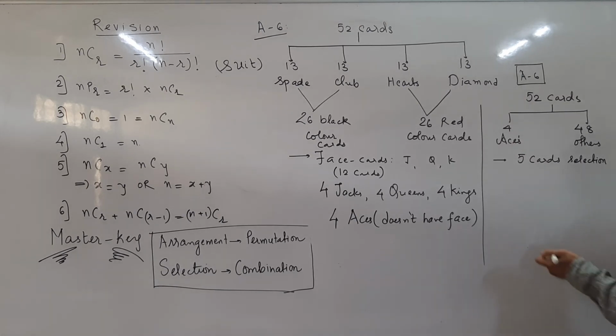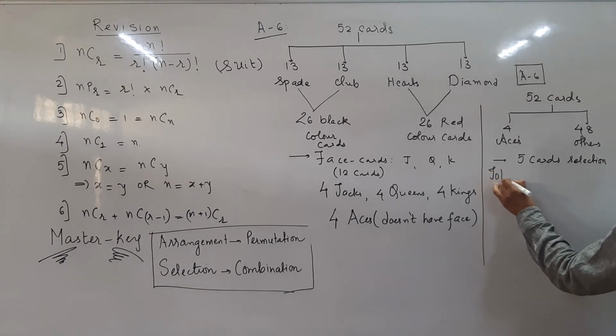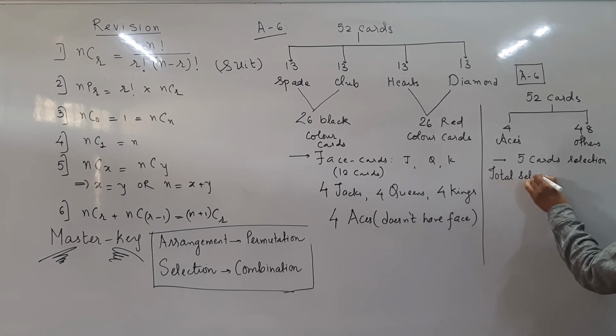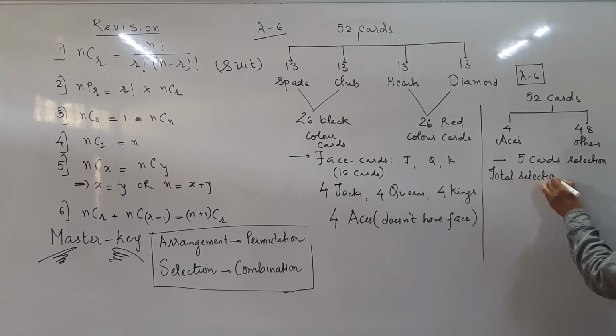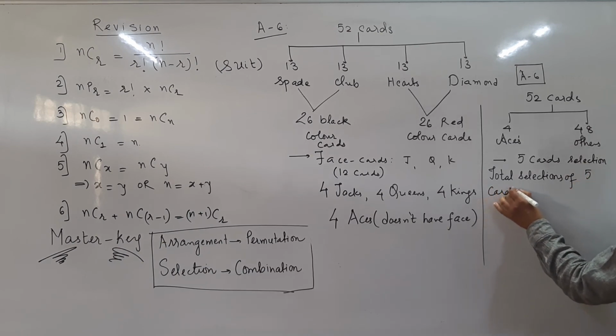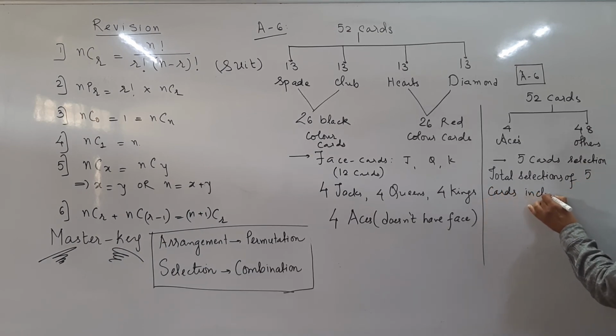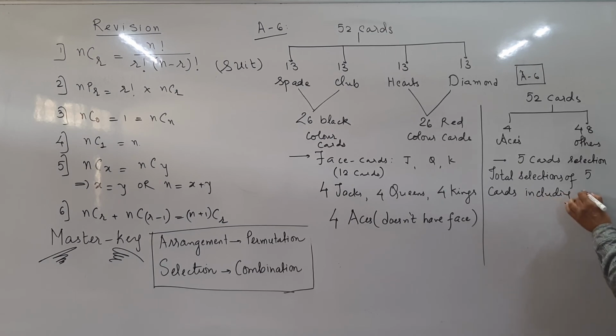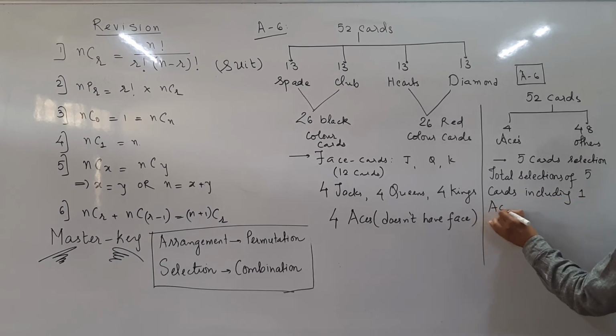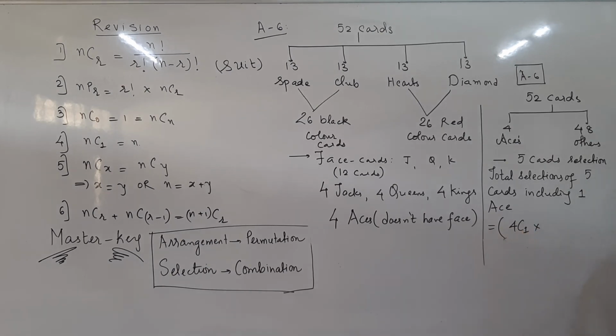So first I will select ace. Total selections of 5 cards, including 1 ace, is equal to, out of 4 ace, 1 ace must be there. Now which ace will be there, you can never tell.